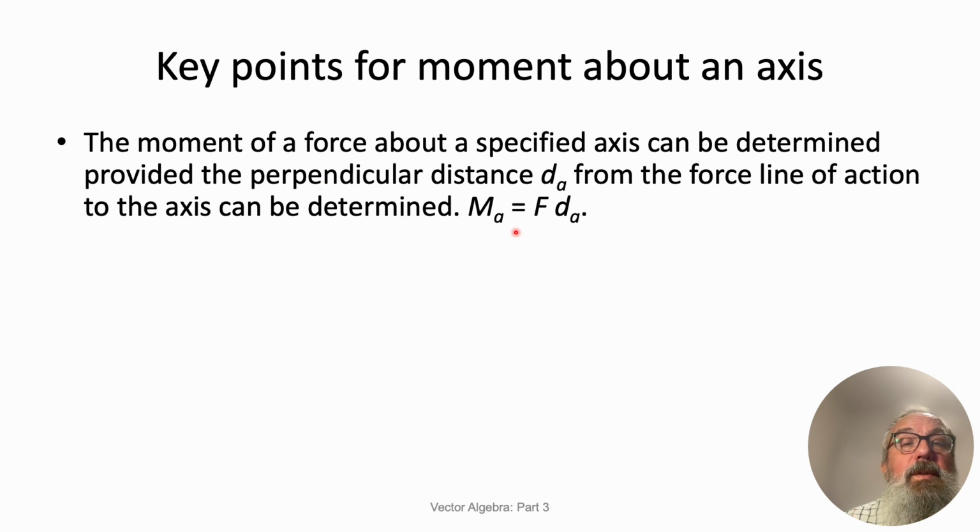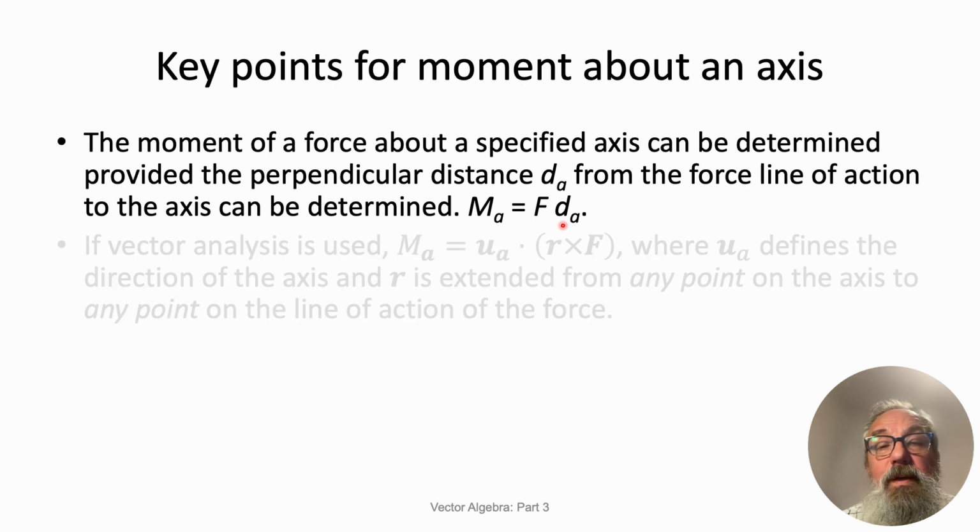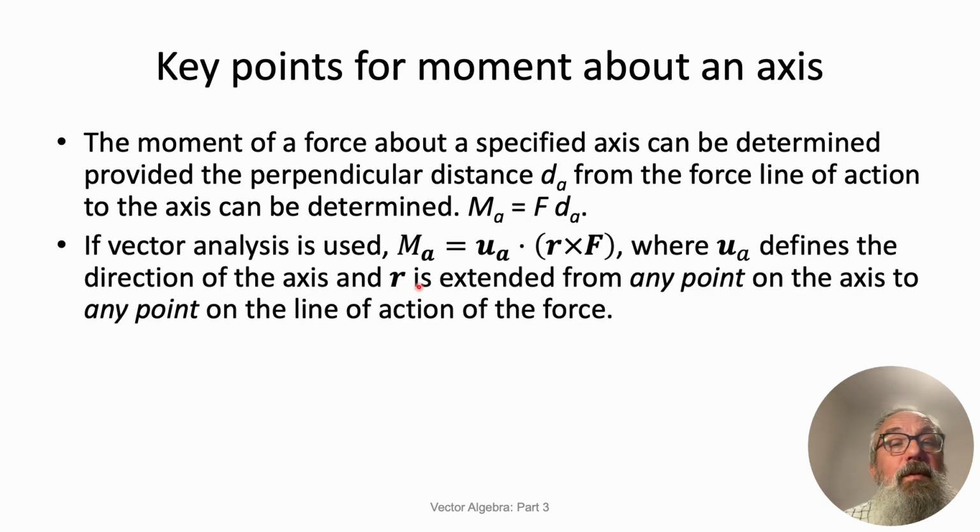The moment of force is the force times the perpendicular distance. You know that. That's your standard definition of a moment. In vector analysis, the moment about an axis is UA dot the cross product of R, a point on the line of action of force, and F. Any point.